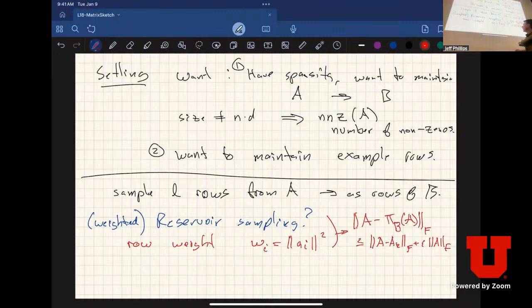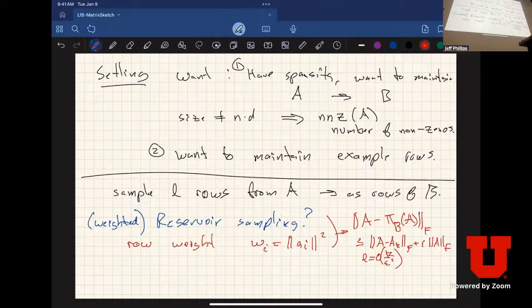So instead of relative error with respect to just the tail, the error is on the full Frobenius norm. If the full Frobenius norm is much bigger than the tail I want, then my error is kind of bigger. I can get this error bound using L equal to roughly K over epsilon squared, with some constant probability.